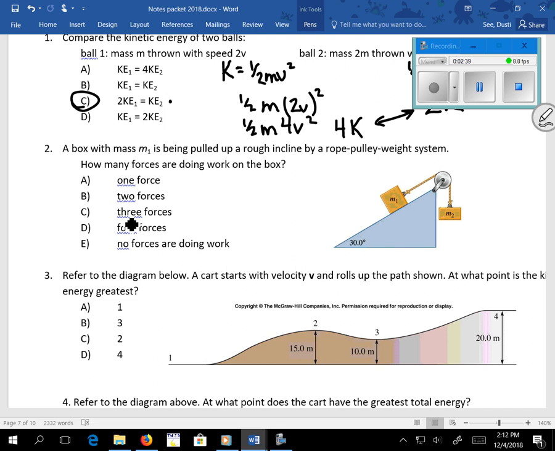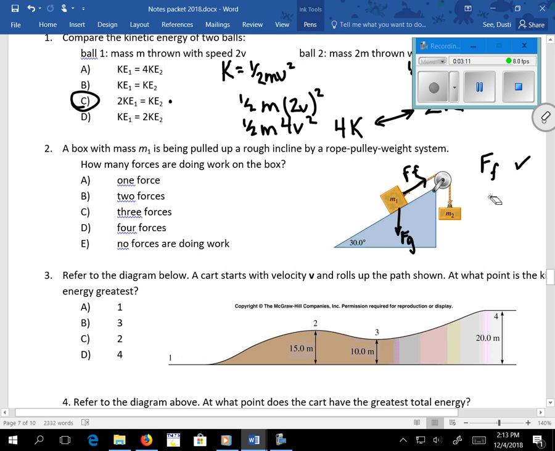If we look at the box m1, we have a friction force, and that would be moving a distance, so the friction force does do work. We have a weight force. Well, that weight force would do gravitational, or potential, work.